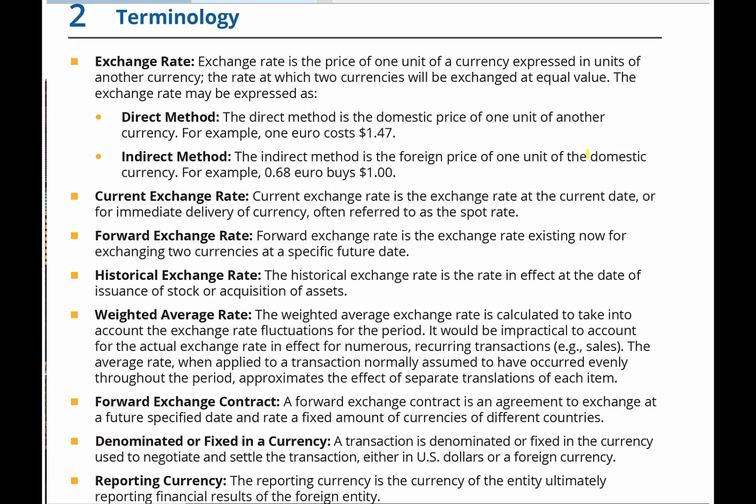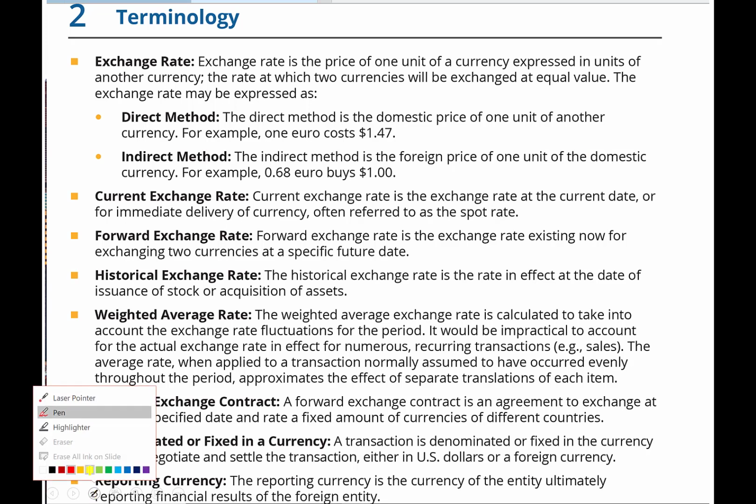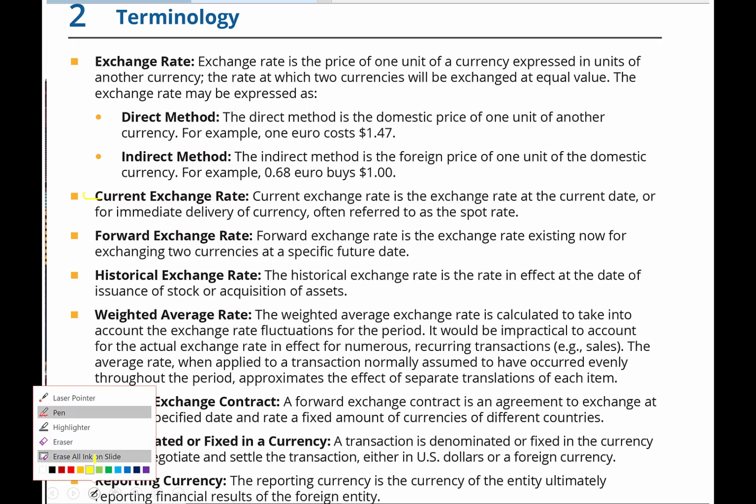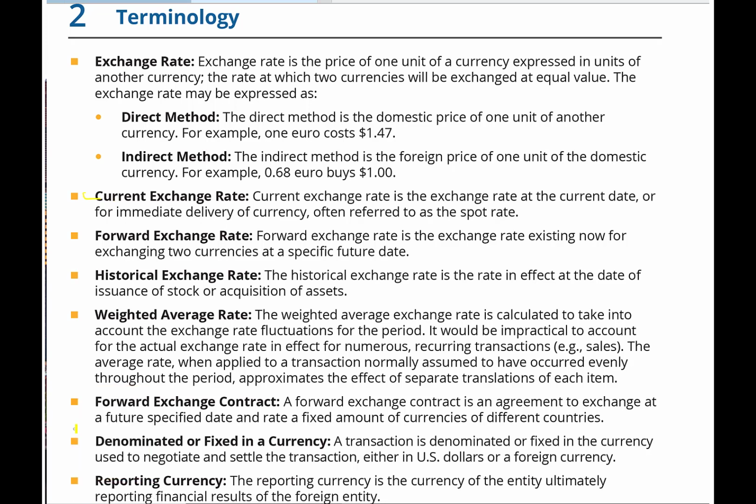Okay, now we have already understood, from our discussion of foreign currency transactions, that the current exchange rate is simply going to be the exchange rate at the balance sheet date. Sometimes they'll refer to it as a spot rate. It is simply the spot rate at December 31st.